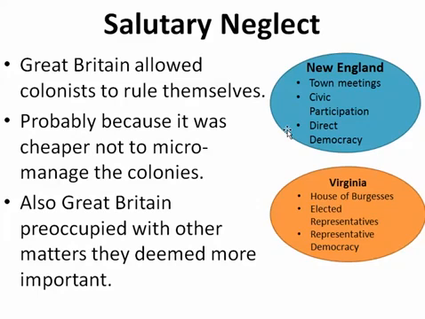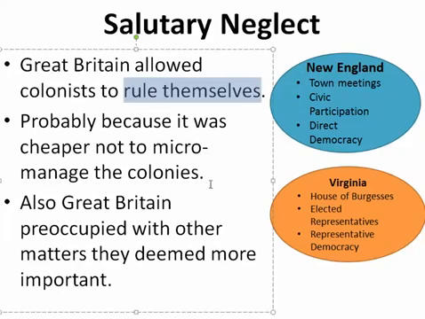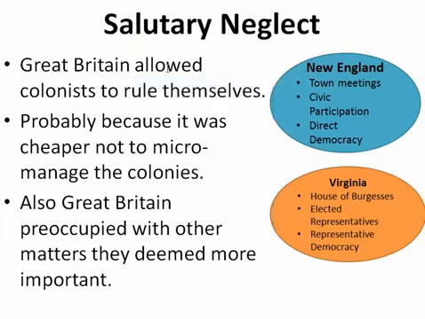If you notice in the colonial period, when we talked about the American colonies, a difference between Great Britain and that of Spain and France is that Great Britain kind of put the colonies on autopilot and allowed them to rule themselves. The reasons are far and wide.